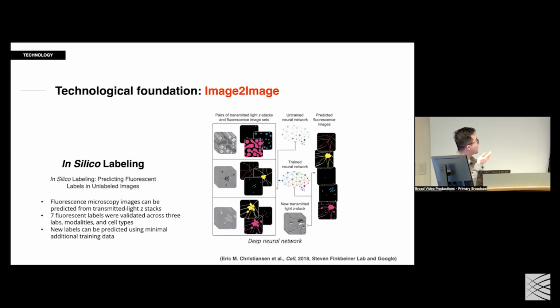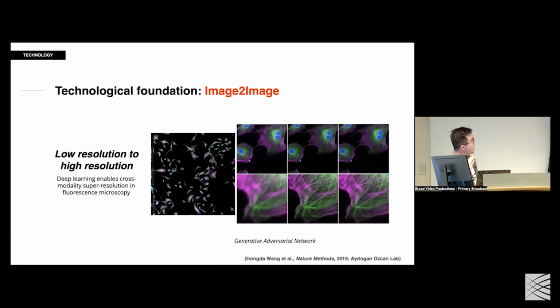They developed a method called in silico labeling, using a deep neural network to generate fluorescent labels from unlabeled images. So this translates bright field images into fluorescent imaging labels. That's image to image.